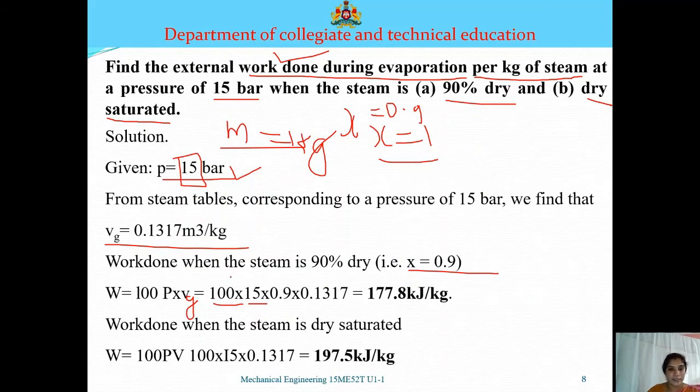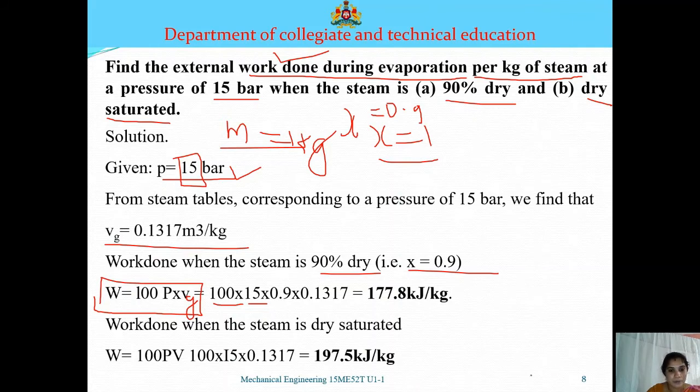Since they have mentioned 90% dry, the value of X will be 0.9. Therefore, the work done for wet steam is given by 100 into P into X into Vg. Substitute these values in the equation: 100 into 15, pressure is 15, X is 0.9, Vg is 0.1317.